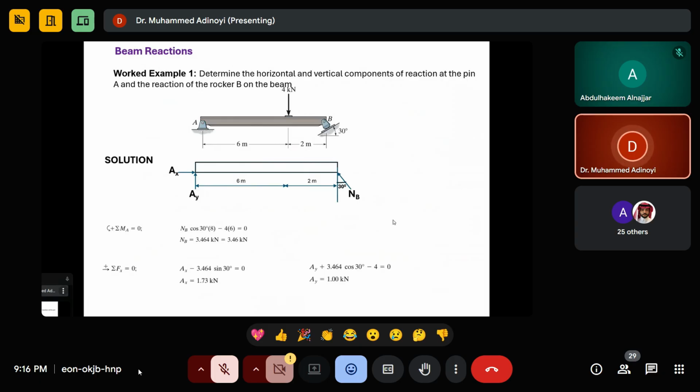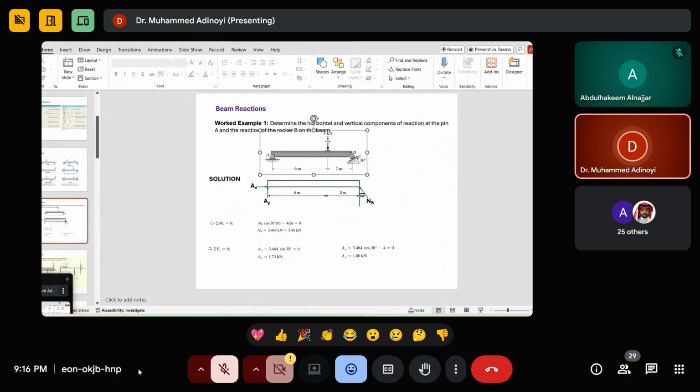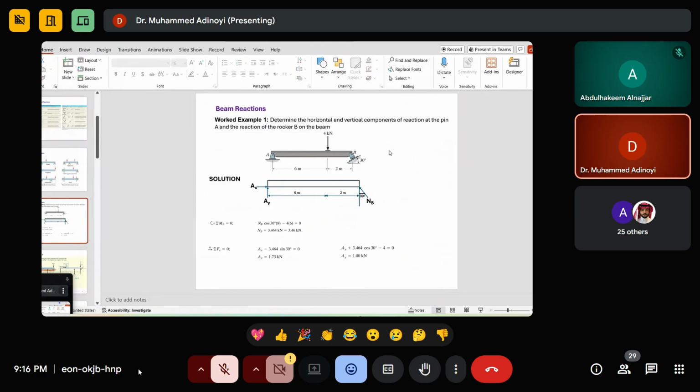When you have a beam, for example, you have a beam like this, and then you can see the force, 4 kilonewton. This force can be more than one. For example, what I'm trying to say, assuming I can introduce another force here.